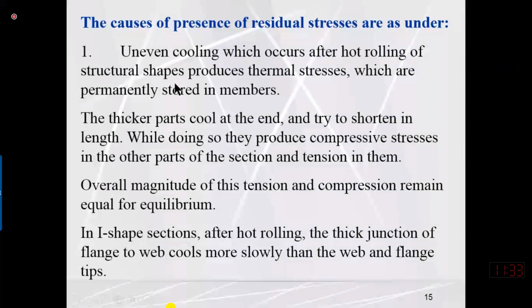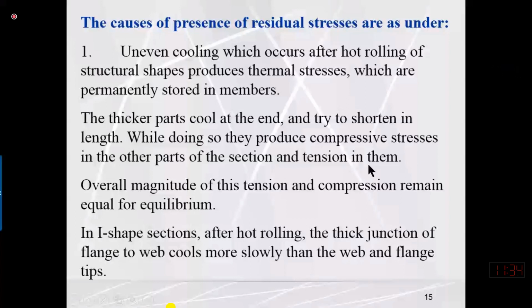Uneven cooling, which occurs after hot rolling of structural shapes, produces thermal stresses, which are permanently stored. I have already explained that the thicker part cools last and tries to shorten in length. While doing so, it produces compressive stresses in the other part of the section and tension in itself. The overall magnitude of this tension and compression remains equal, in equilibrium.